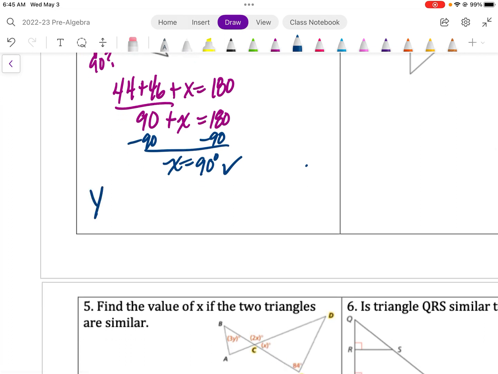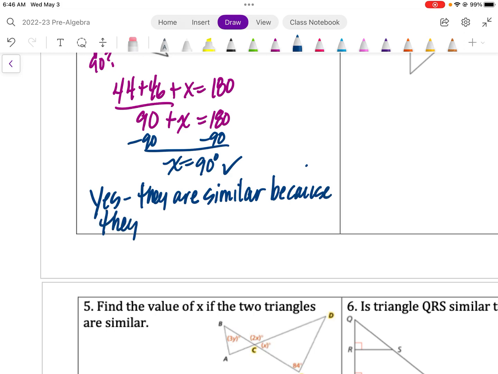So I would say, yes, they are similar because they have two congruent angles. Okay, and again, 2's our magic number.